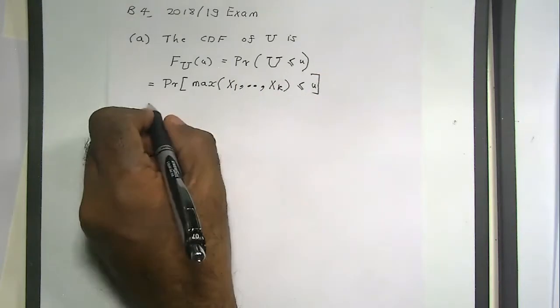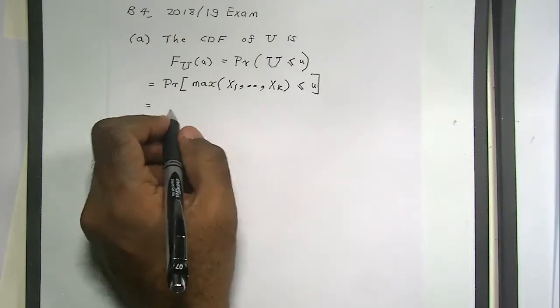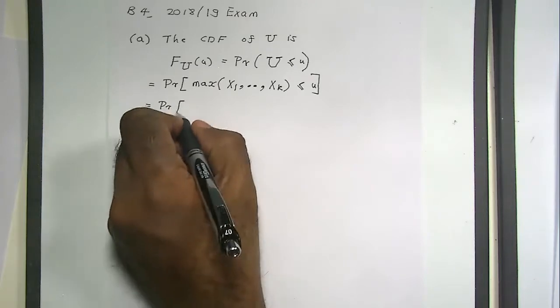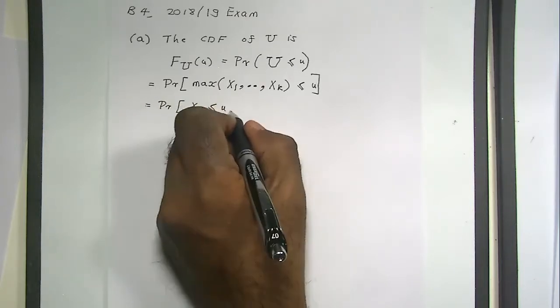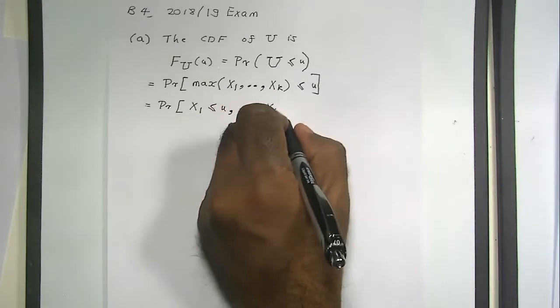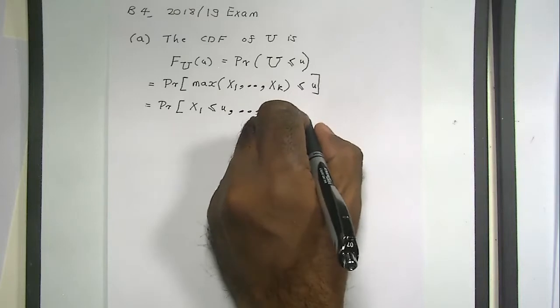Now, if the maximum is less than or equal to u, then every x has to be less. So this is the same as the probability that x1 is less than or equal to u, up to xk is less than or equal to u.